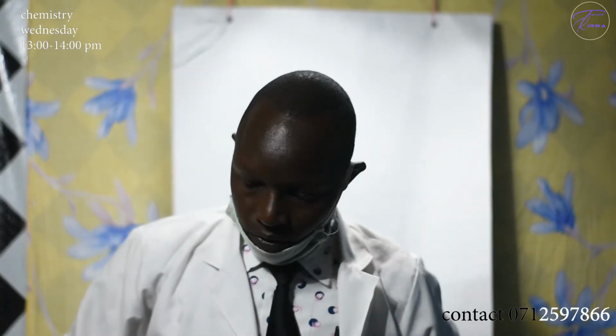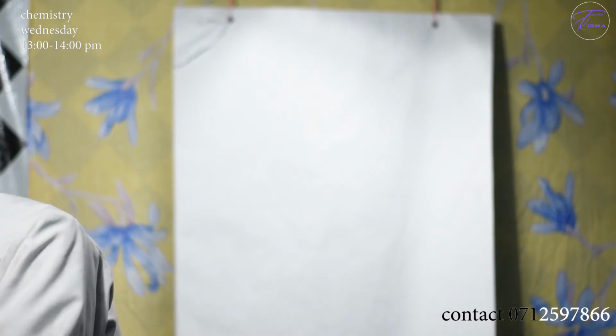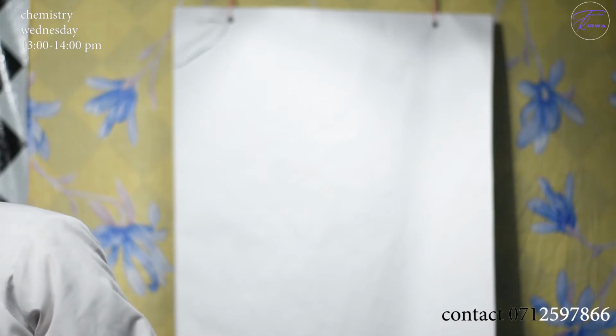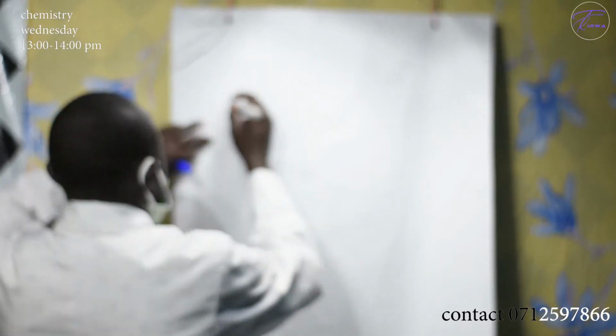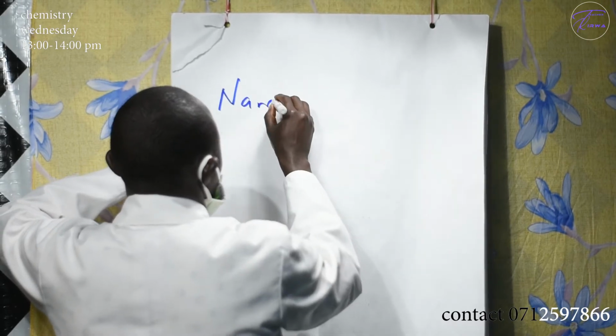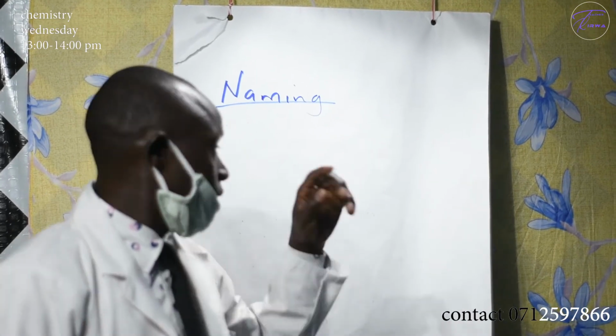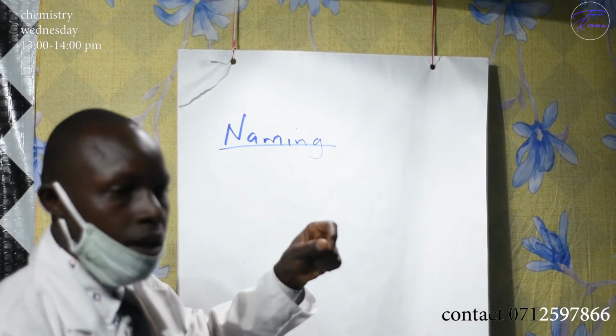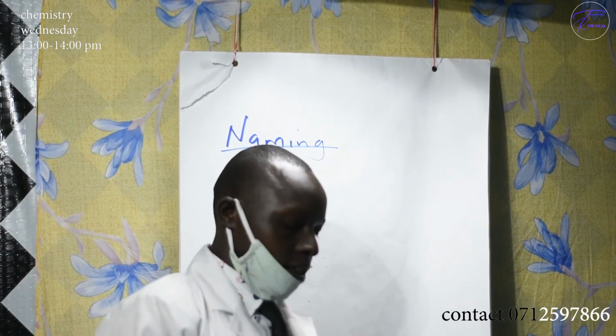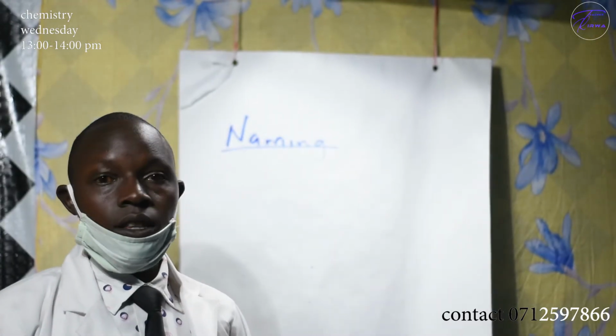So that is the introductory part of the alkenes. Let's look at nomenclature, naming of alkenes. Maybe let me just mention this. When naming organic compounds, there are a set of rules that are followed.